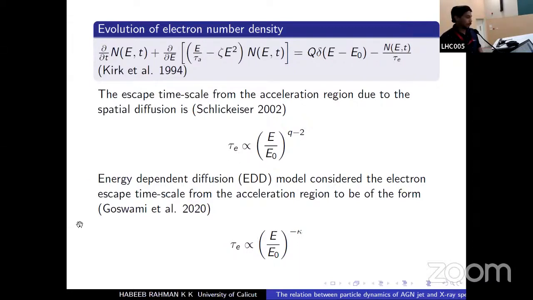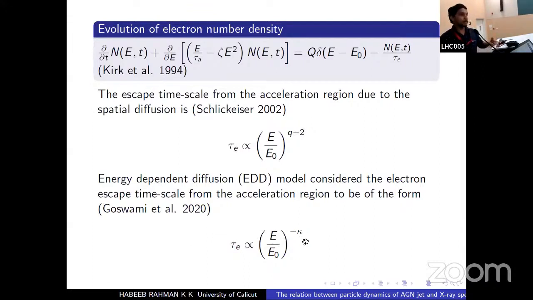And there is a paper in 2020 by our group member Goswami et al. They considered the electron escape from the acceleration zone in this manner. That model is called the energy dependent diffusion model, and they parameterized the escape time scale as proportional to E by E0 raised to a factor kappa.